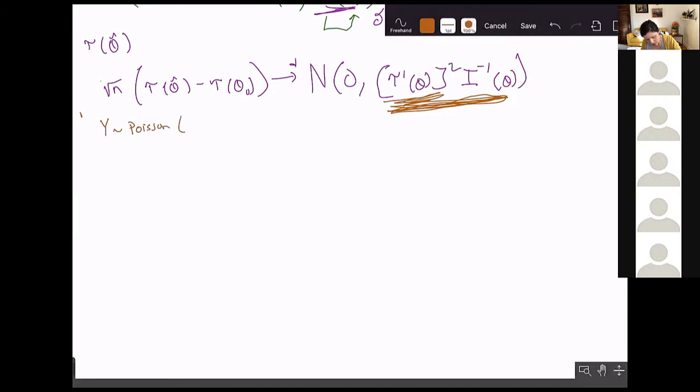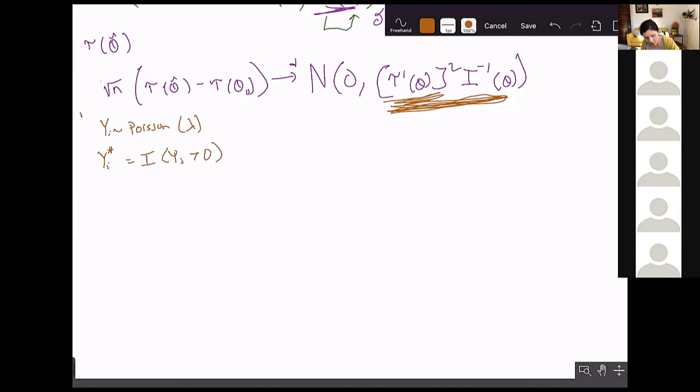So we have y distributed Poisson with the lambda parameter, and we have y star, which we define as an indicator of yi being greater than 0, right? Mhm.